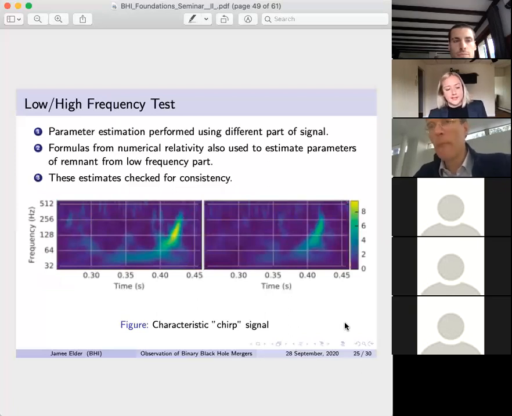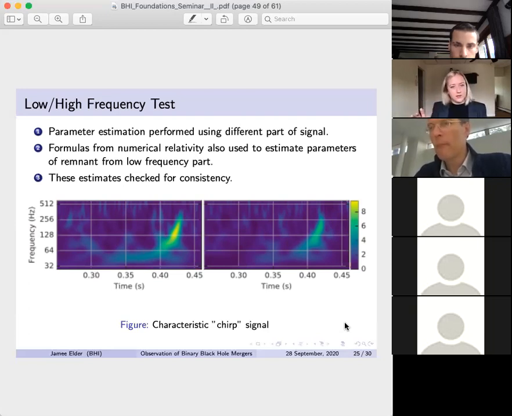The second test, the low-high frequency test, as I'm calling it here, basically, you have the low frequency part of the signal, or I suppose I should go over here because I'm mirrored. You perform parameter estimation based on that early part of the signal. And remember that that's the part where, say, post-Newtonian models are thought to be very accurate.